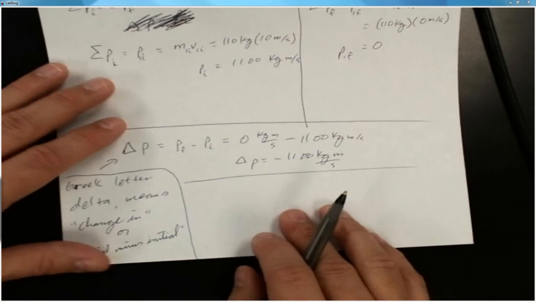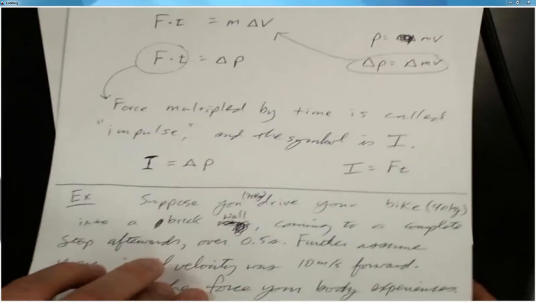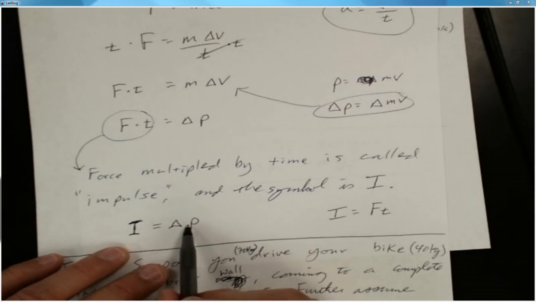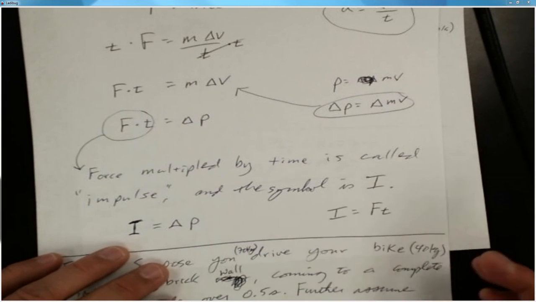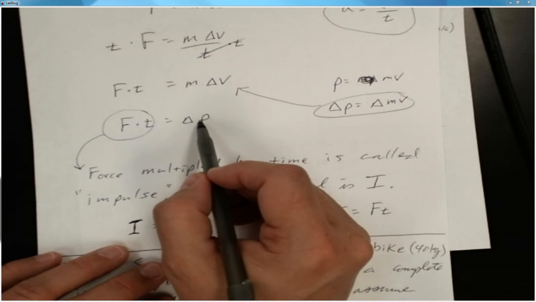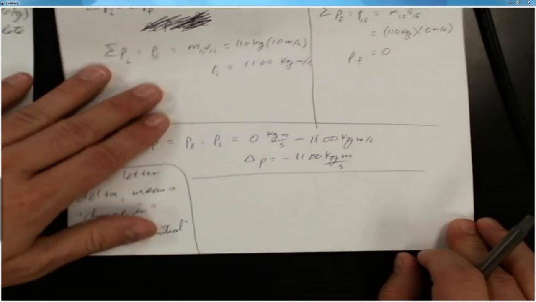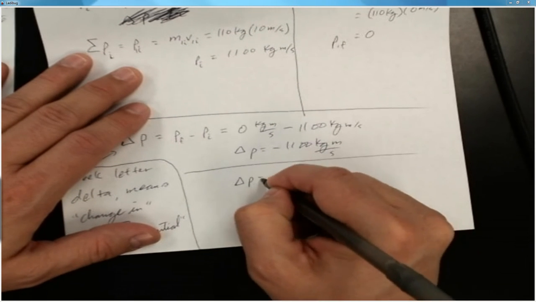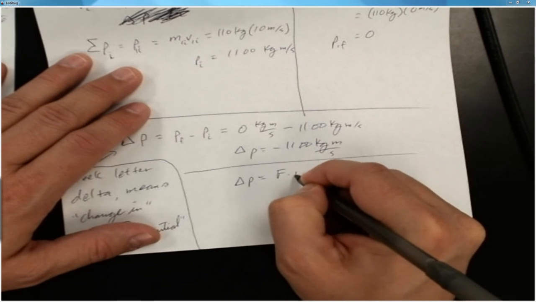Now, according to what I showed you earlier, the impulse is equal to the change in momentum and impulse is force times time. So change in momentum is equal to force times time.